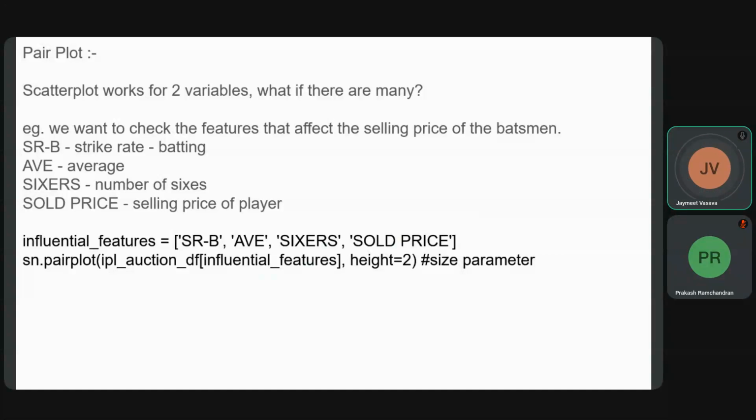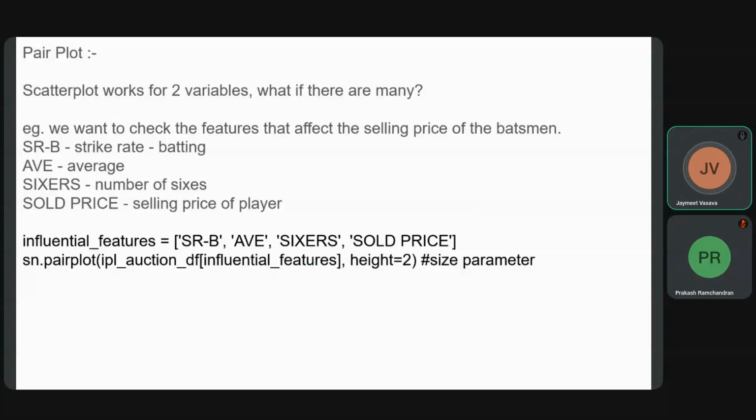So we will create a list called influential features, and we'll have all of these features within it. Then we create a pair plot. How do we create it? We give the first argument as the data frame that we are using.